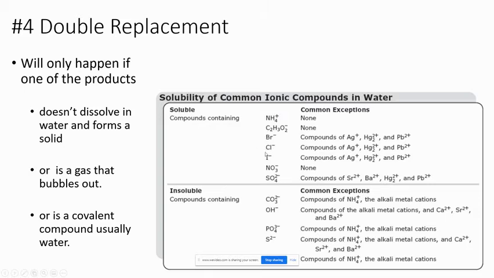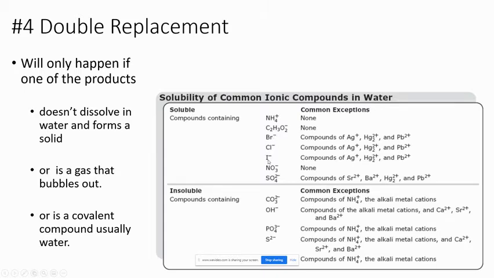Here are our exceptions, or our normal ones, no exception here. Bromine is always soluble unless it's with silver, mercury, or lead. Okay. So like silver bromide, that's not soluble. Mercury bromide, not soluble. Lead bromide, not soluble. Anything else, soluble.